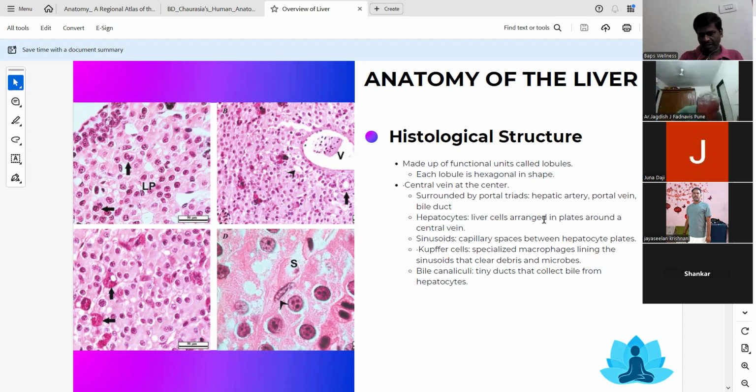Kupffer cells are specialized macrophages lined in the sinusoids that clear debris and microbes. And the bile canaliculi are tiny ducts, canals, that collect bile from the hepatocytes, which is then collected and drained.